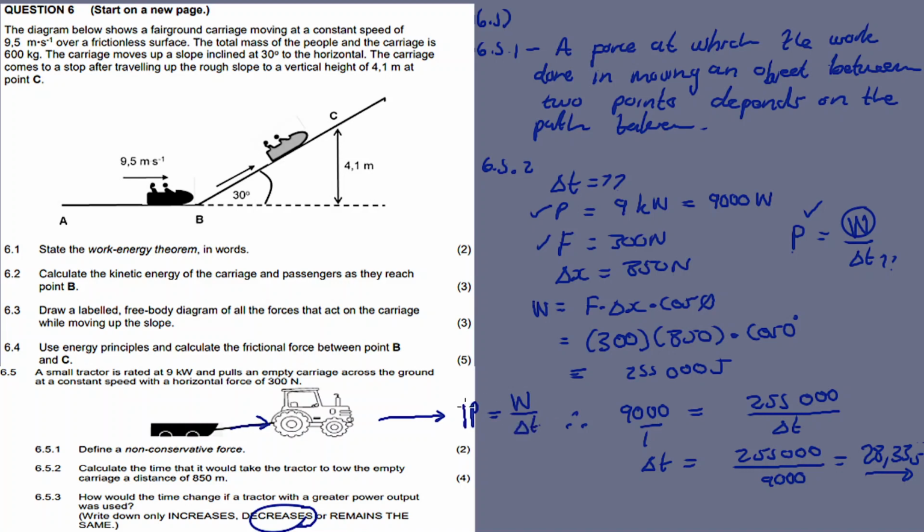So by increasing power, you are decreasing the time, because there's an inverse proportion between the two. That's why it decreases. The reason I provide is just to say power is inversely proportional to time.